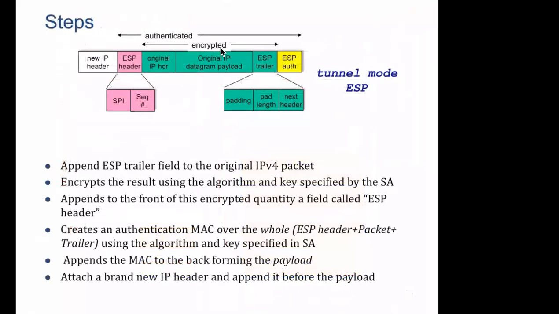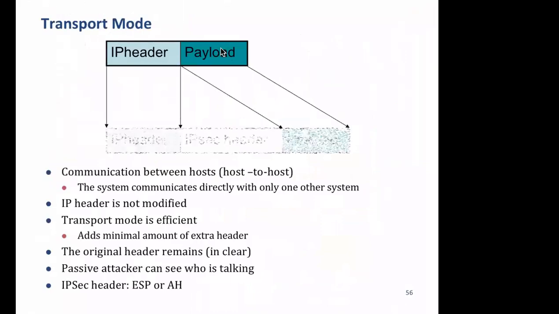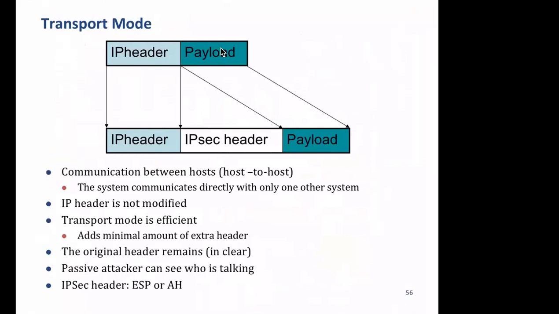Okay, simple. All right. And transport mode we didn't study in detail. Basically in transport mode, the aim is only to do authentication. Otherwise everything is in plain text, not encrypted.